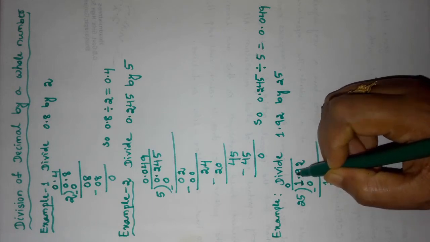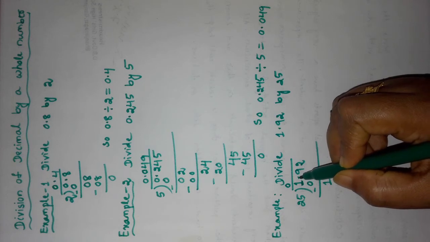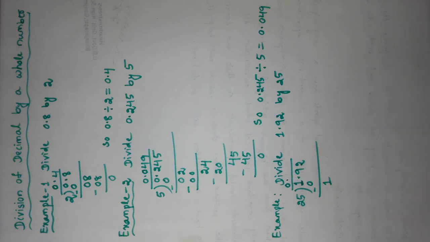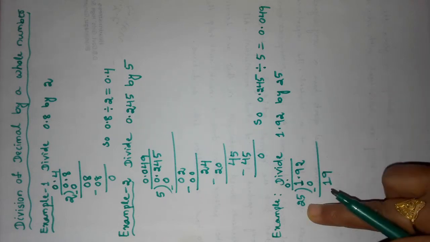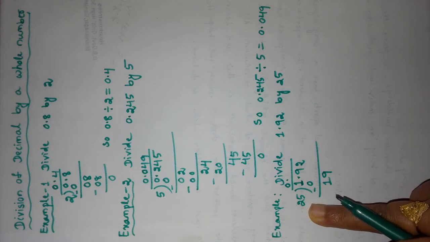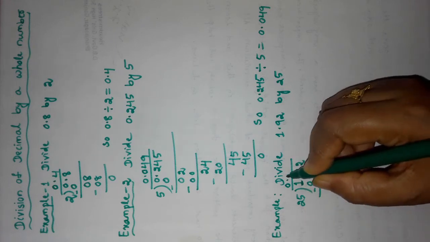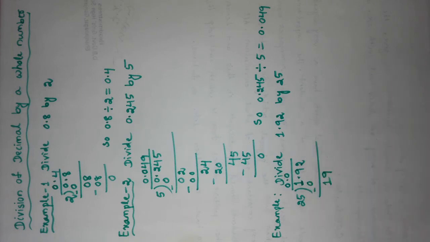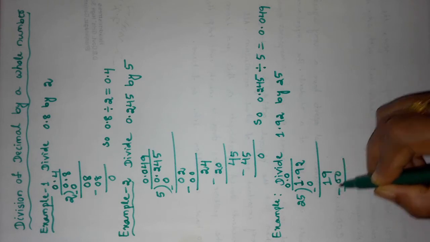Then the decimal point will come in the dividend. That's why put the decimal point in the quotient. Then bring down 9. 19 is less than 25. We cannot divide 19 by 25. That's why put 0 in the quotient. Then 25 zeros are 0. Then subtract.